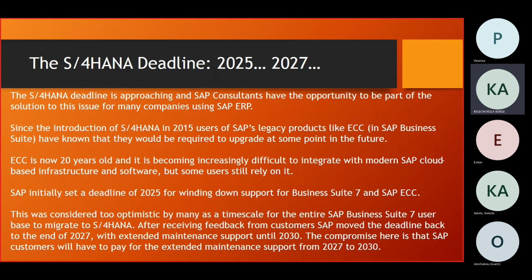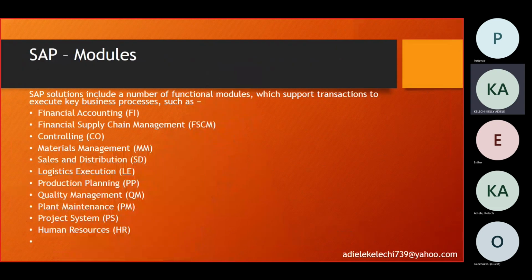So that's why I said countries like the US and Europe, the US especially, are basically doing migration from ECC to S4HANA. All right, because most companies are already on ECC. We only have few companies that are doing greenfield projects. Most of the projects we have are brownfield, and it's also good to have that at the back of your mind that the opportunities are very many.